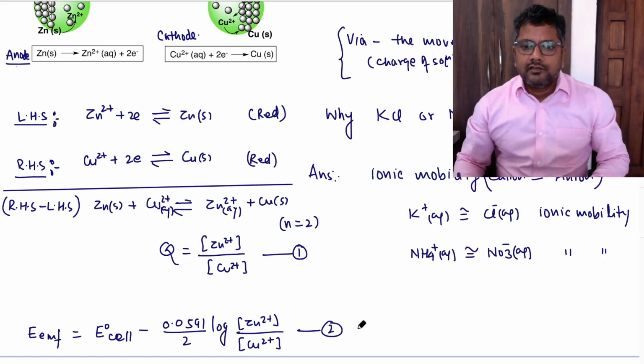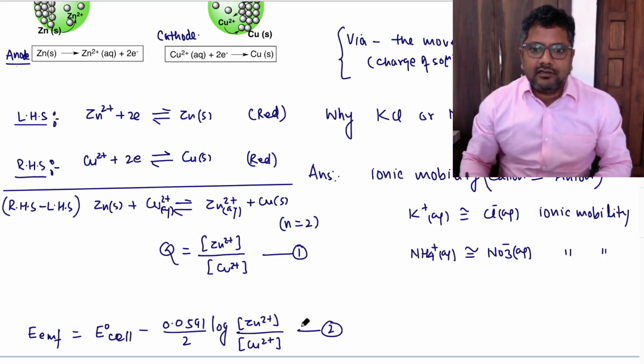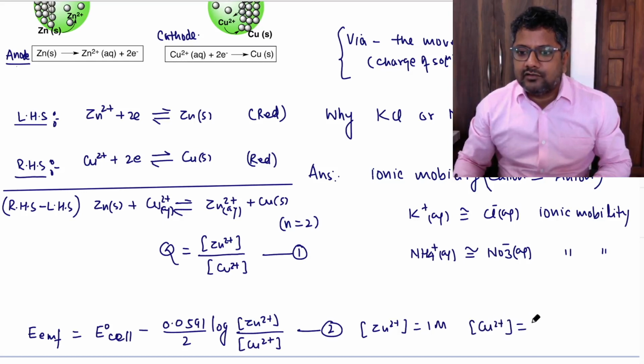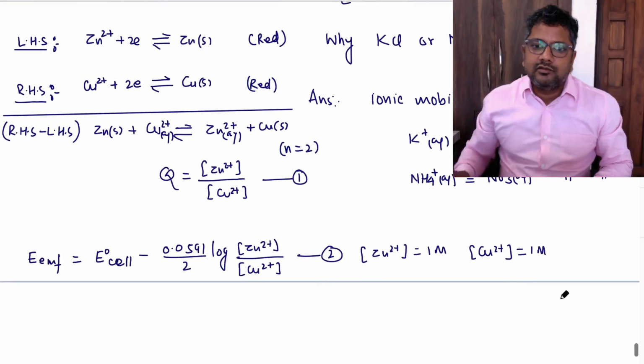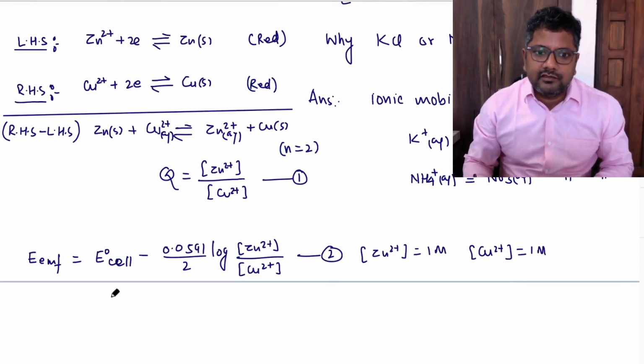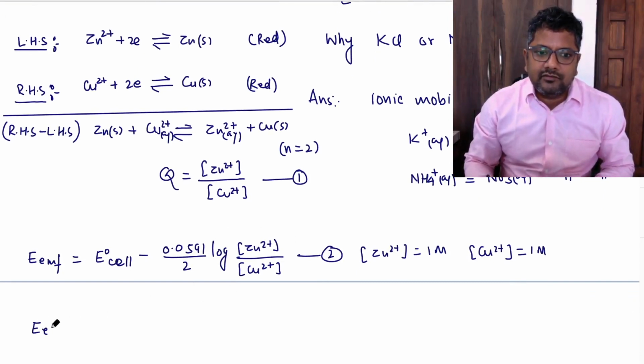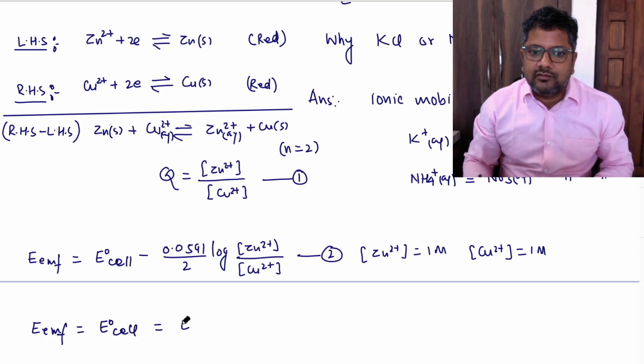Right? So see, E naught when Zn2 plus concentration is equal to 1 molar and concentration of copper 2 plus is also 1 molar. In this situation, this whole term becomes 0. So EMF is equal to E naught cell, and this is equal to E naught of RHS minus E naught of LHS.